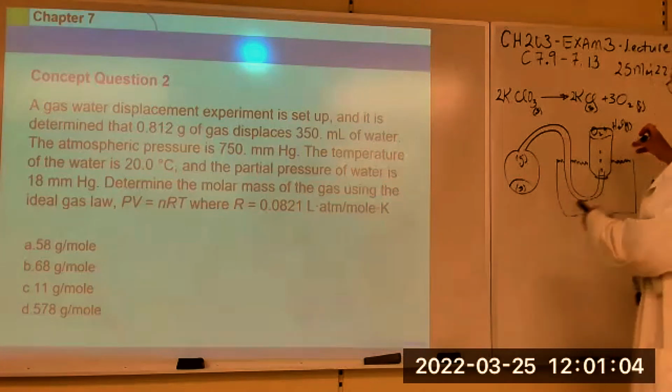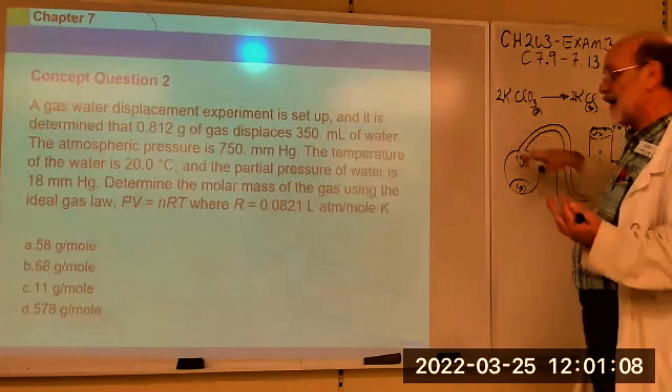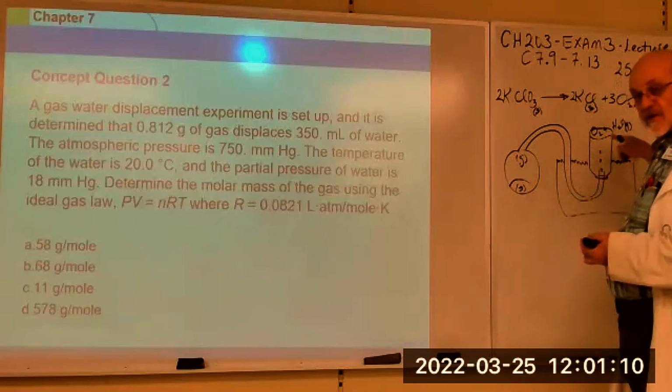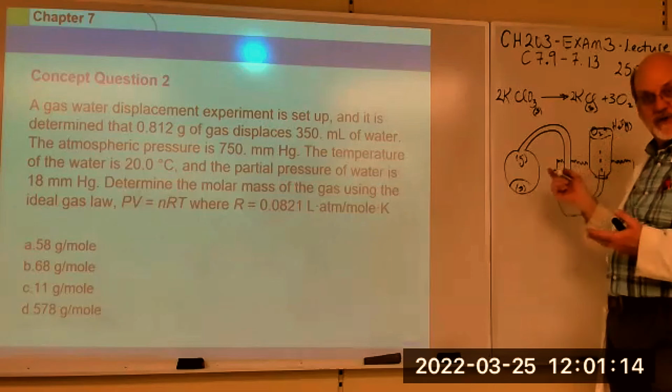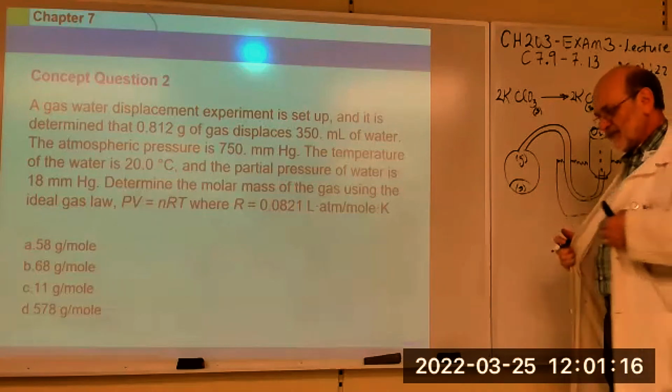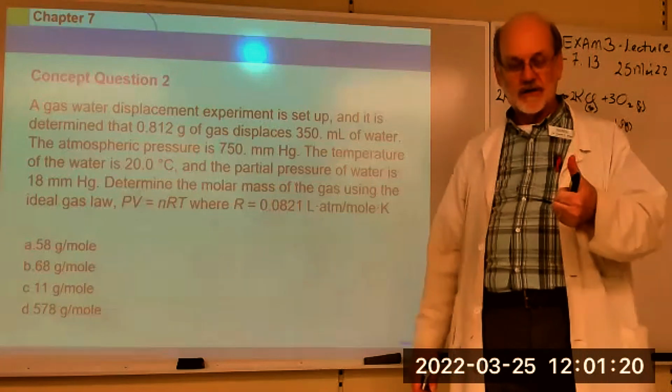Because it's not all oxygen, right? So you can't quantify your experiment because you don't know how much oxygen you actually produced, because it's got water vapor in it. So what law do we need? Dalton's law.